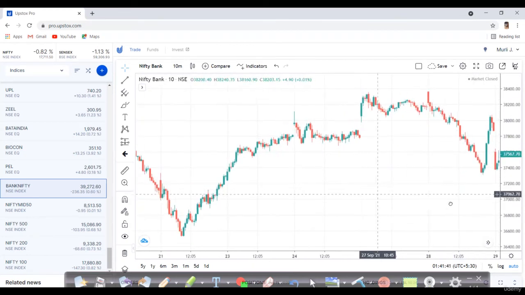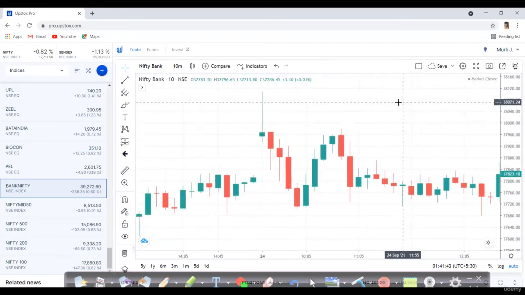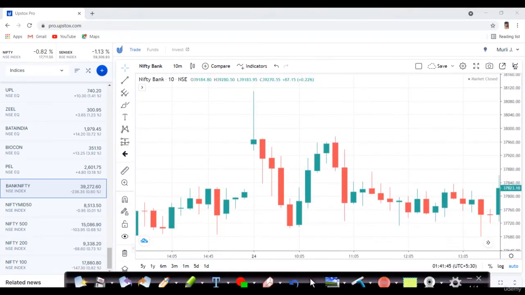Now what I mean to say is, just zoom in and you will see this is a bullish candlestick and the market is already at a resistance zone. How do I know? If you mark this, you will see the market exactly reversed from here. That means there is a high chance the market will again reverse from here, or it will break from here. But how do I confirm that the market will reverse from here?